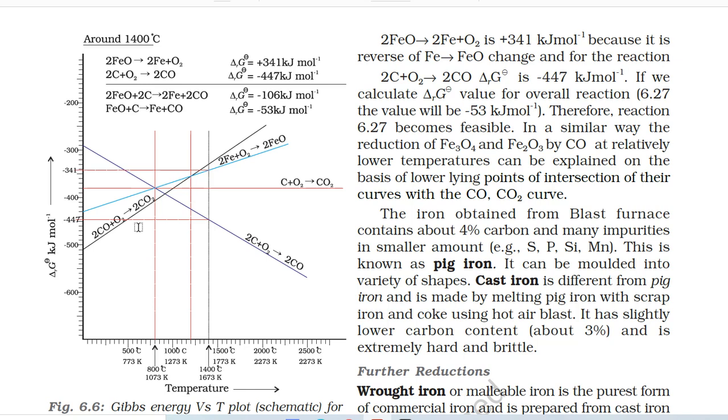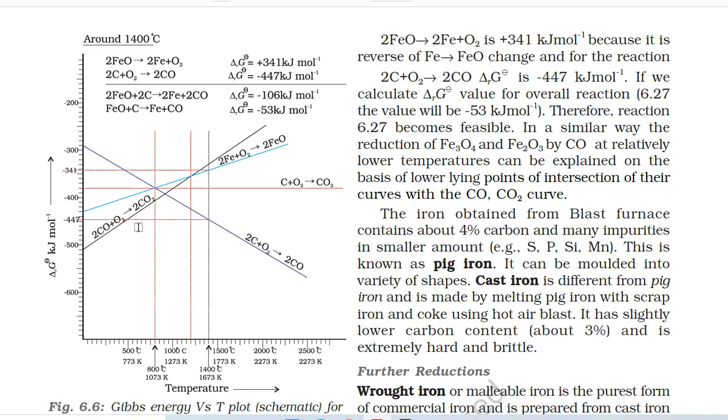For the reaction 2C plus O2 gives 2CO, ΔrG° is minus 447 kJ per mole. If we calculate the ΔrG° value for the overall reaction 6.27, the value will be minus 53 kJ per mole. Therefore, reaction 6.27 becomes feasible.